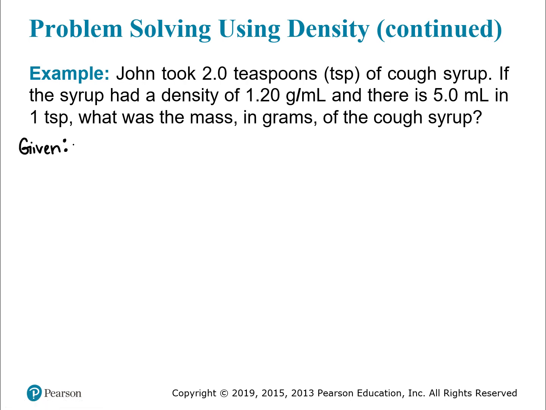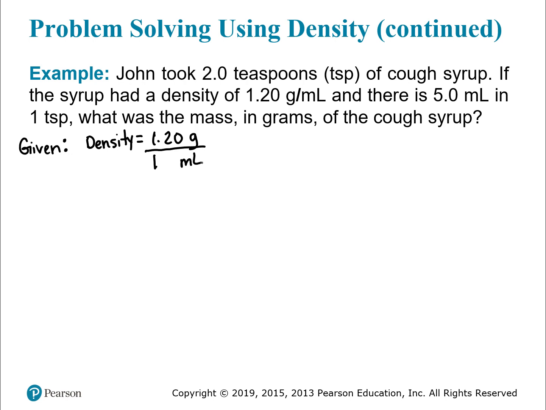So what are we given? We're given a density, which is 1.20 grams, and I'm going to write it out for 1 mil. I'm going to write it out like a conversion factor. And that reminds me that, oh yeah, I can use it as a conversion factor.